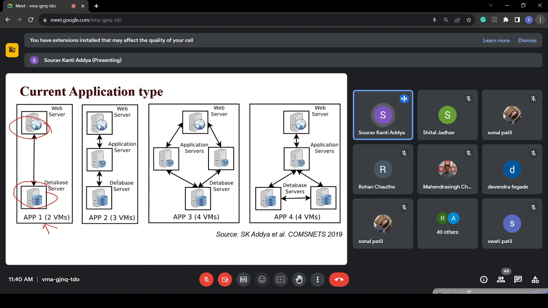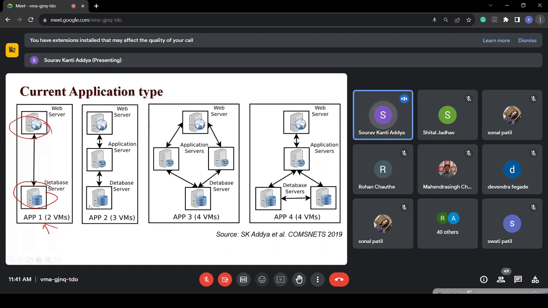Application 2 needs 3 servers, one web server, one application server, and one database server. Application 3 needs 4 servers, where one web server, 2 application servers, and 1 database server, and so on and so forth.